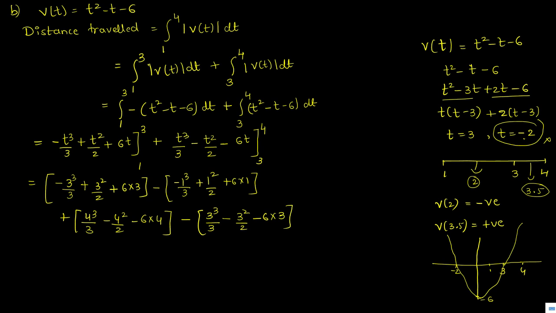Now we simplify this to get the value inside the bracket. The first value turns out to be 13.5, minus this value, which turns out to be 6.167, plus the third bracket, which is minus 10.67, minus the last one, which will be minus 13.5.